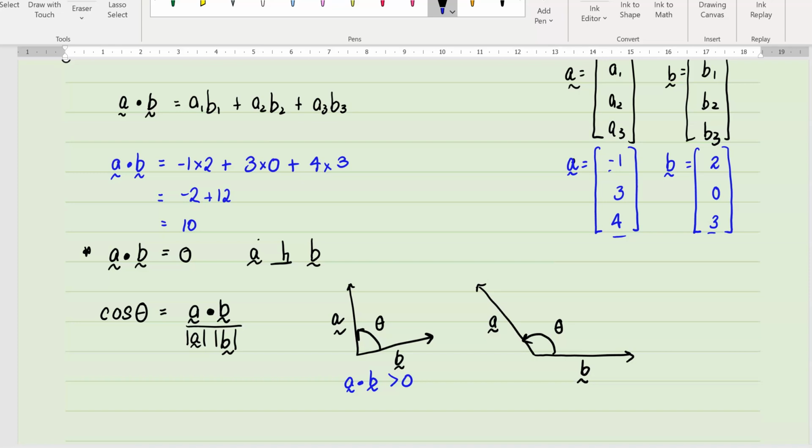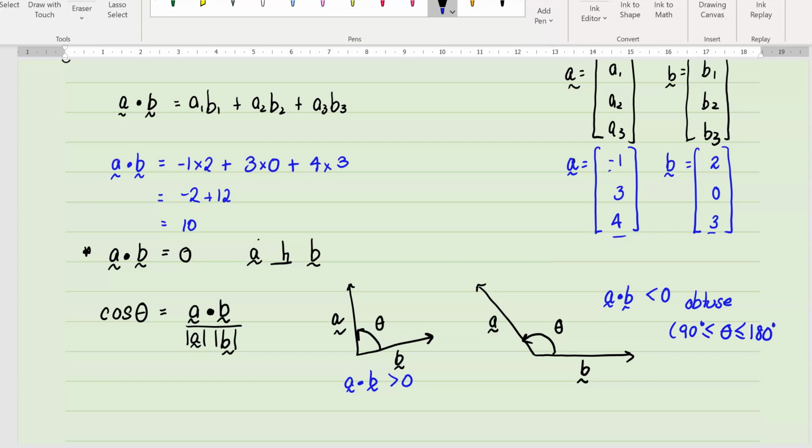But when we work out our dot product and it is negative, so less than 0, that's when we have an obtuse angle. So that means that our angle will be between 90 degrees and 180.